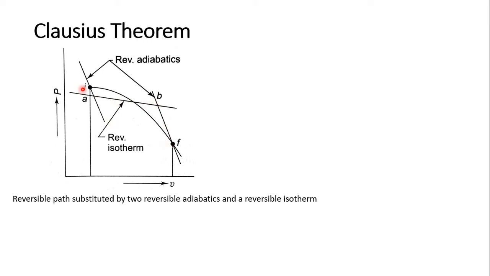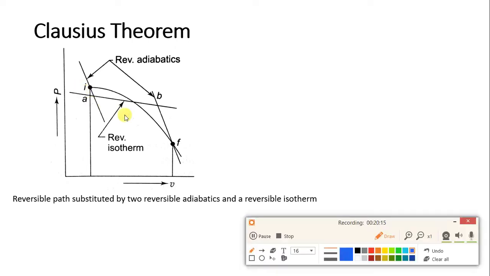Let me highlight this in the diagram to make this clear. Suppose the area under IF, let me highlight that area. It will be this area. This will be the work done for IF.